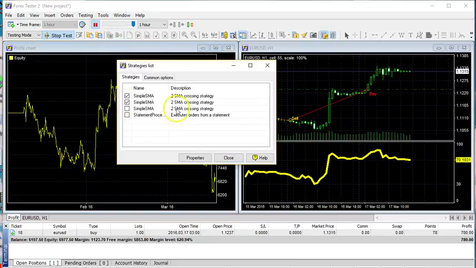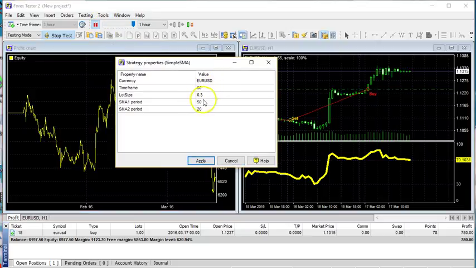You can add other strategies. What if I wanted to run that, but also run another moving average strategy in reverse? Simple moving average period 1 would be 120, and simple moving average period 2 would be 100, less, if I wanted to run it in reverse. And what about my lot sizes? Let me change that to maybe a mini lot.